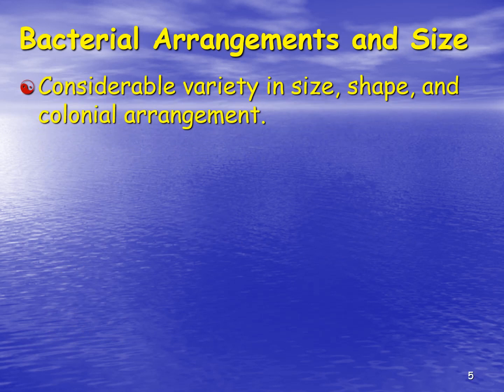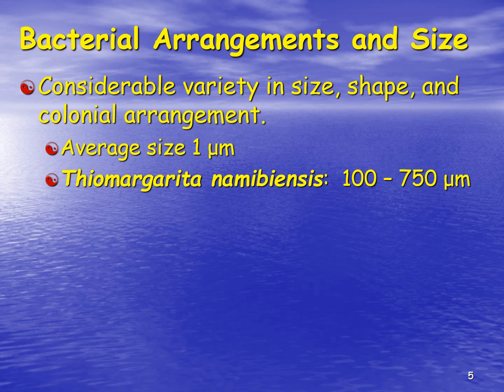One of the things that we look at in classifying bacteria is their arrangement, size, shape, and how everything fits together. The average size of most bacteria is around 1 micron in diameter. There are some, however, larger bacteria, such as this Thiomargarita namibiensis, which can range almost up to 800 micrometers.